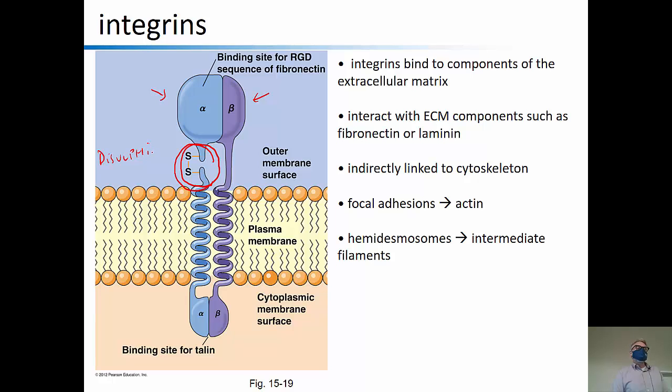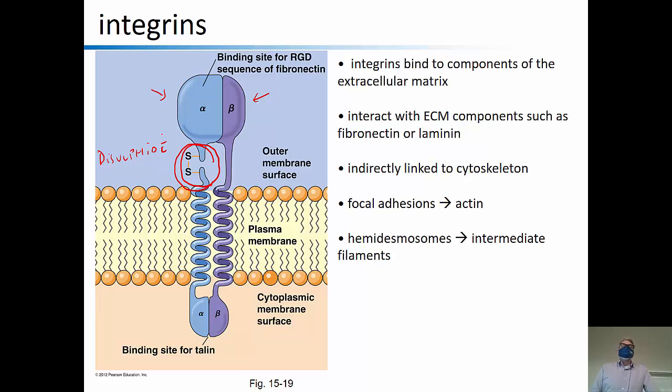That's not something I'm going to quiz you on, but it's kind of a neat way that it becomes activated. They can work combinatorially. I think there are 9 different alpha subunits and 24 beta. So this allows them to interact with different components outside and inside the cell.